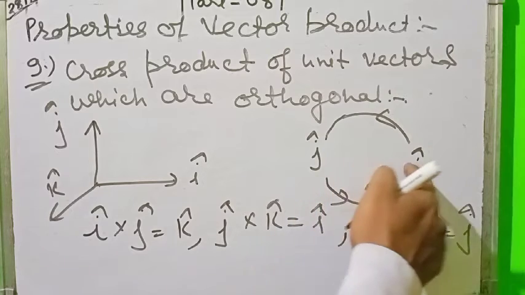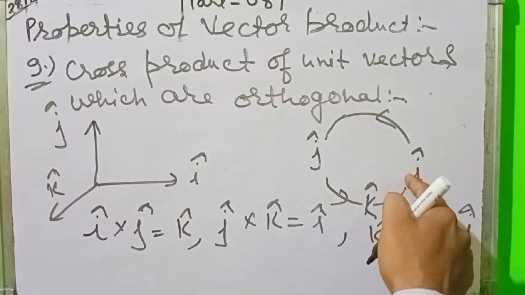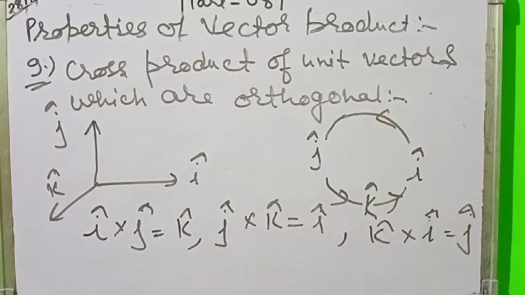Hence i cap into j cap is equal to k cap, j cap into k cap is equal to i cap, and k cap into i cap is equal to j cap. But cross products are not commutative.